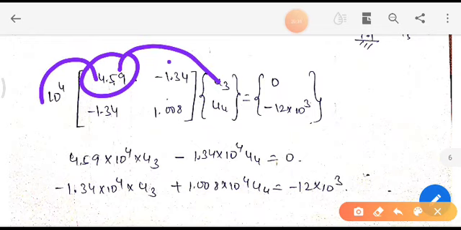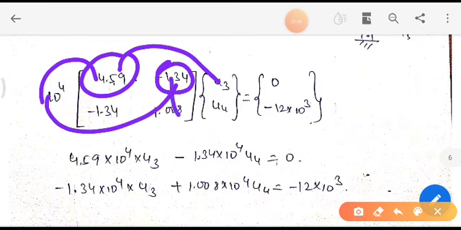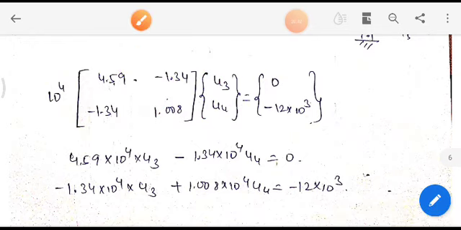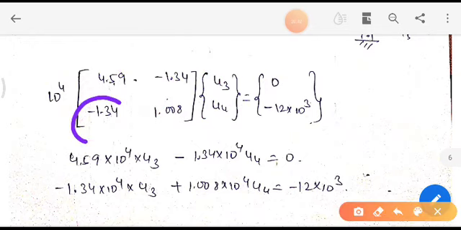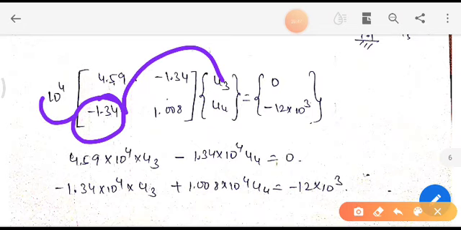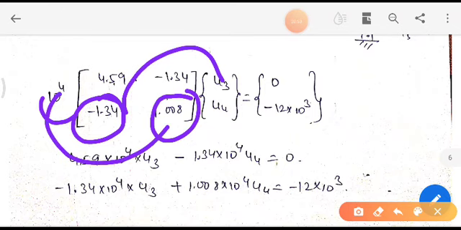Next, minus 1.34 into 10 raised to 4 into u4, which is equal to 0. This is how we need to calculate. Minus 1.34 into 10 raised to 4 into u3. Next, plus 1.008 into 10 raised to 4 into u4, which is equal to minus 12 into 10 raised to 3.